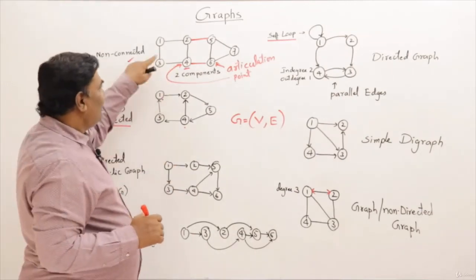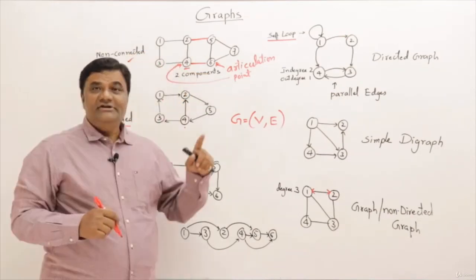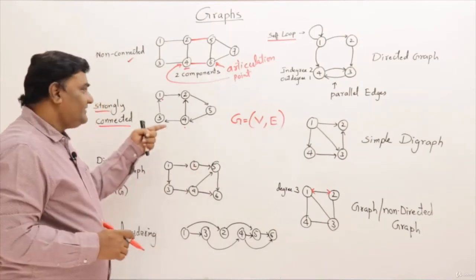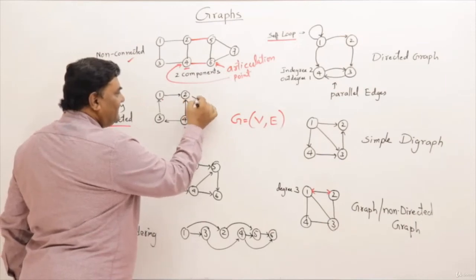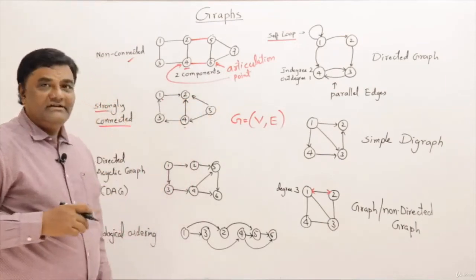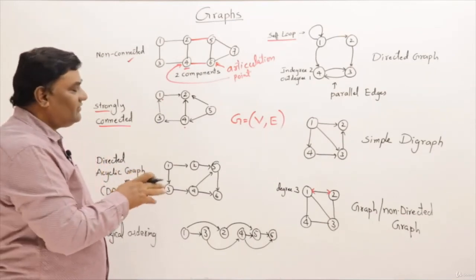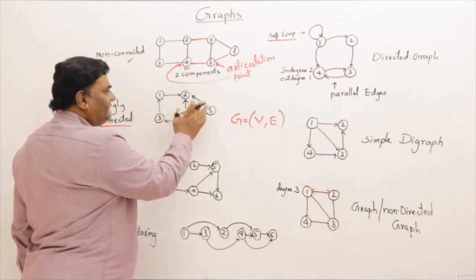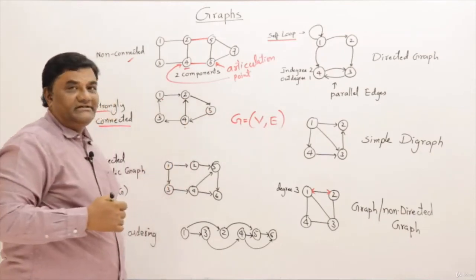In a non-directed graph we just use the term connected, but here we say strongly connected. Suppose this edge was in this direction, then we cannot reach 5, but it is a connected graph only. It is connected, but it is not strongly connected because we cannot reach all vertices. From 1 if I start, I cannot go to 5. So when we have an edge like this, then it is a strongly connected graph.